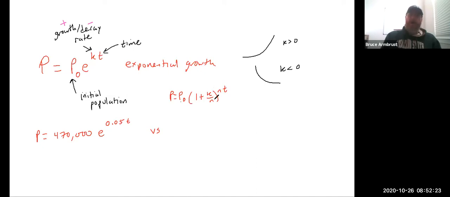But now n would be the number of times that we're computing growth per time period, which in this case would be 1 if they say it grows at 5% per year.